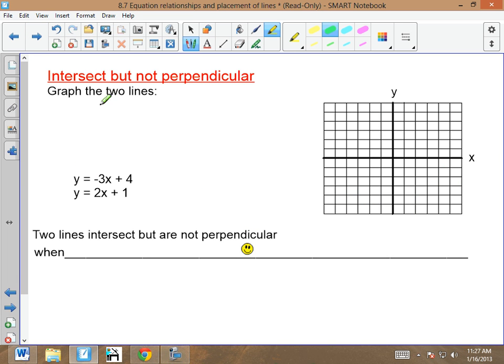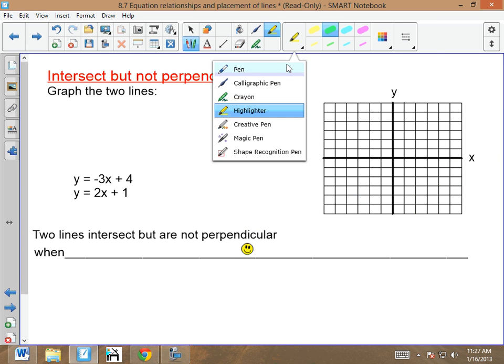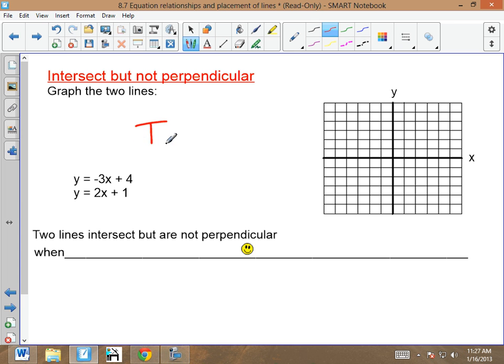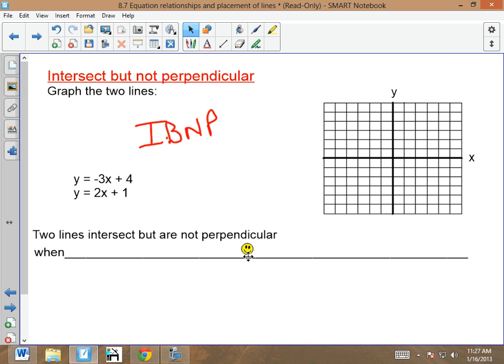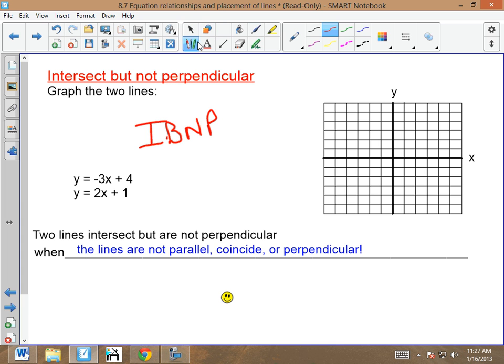And then last, intersect but not perpendicular. We can abbreviate this. Basically, if it's intersect but not perpendicular, it's none of the above. All right? Look at my slopes. Are my slopes the same? No. Are my slopes flipped and opposite?